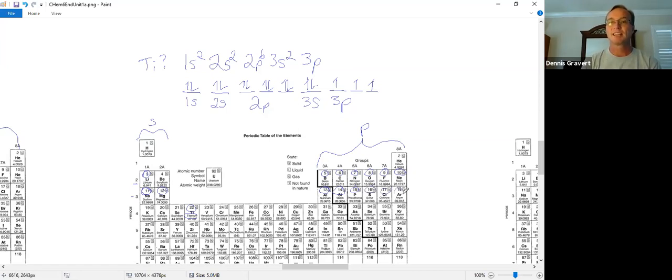Electrons 16, 17, 18 pair up all the 3p electrons. We just filled the p block on the third row with 6 electrons. Titanium is 22, and we got 18 total. We just made argon. This is argon's electron configuration.